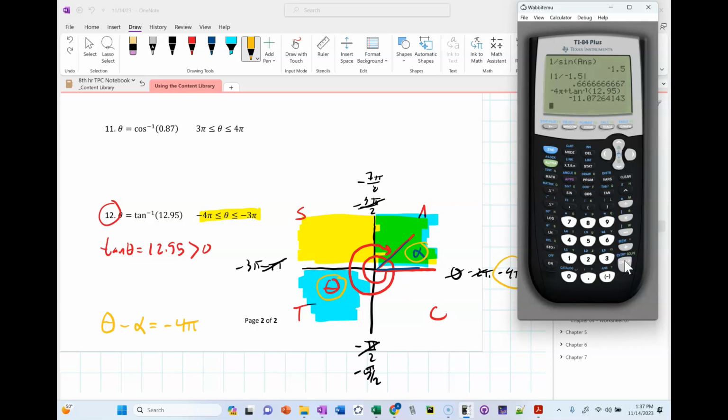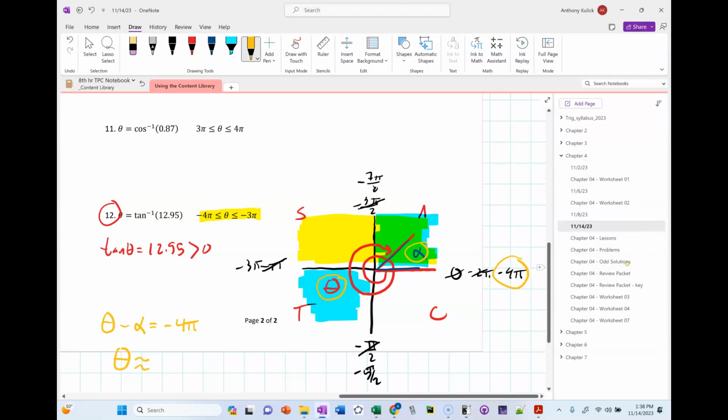So 11.07 looks like my answer there. Let's check real quick. If I do tangent of 11.07, what should I get? 12.95. And 11.07 should be smaller than negative 3 pi. Definitely is. And bigger than negative 4 pi. Definitely is. I feel like I got the right answer.